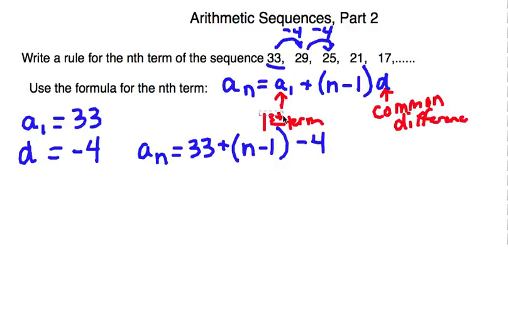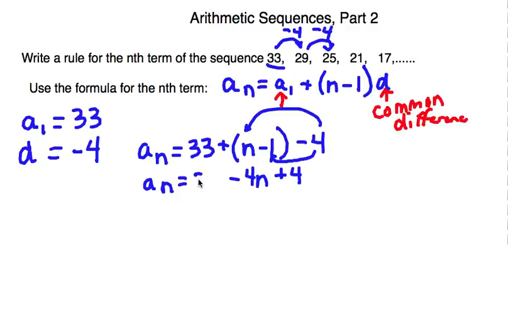So how do we do that? Well, we start by multiplying the negative 4 by n, and that's going to give us negative 4n. Then we're also going to multiply negative 4 by negative 1, and that's going to give us a positive 4. We're just going to rewrite the remainder of the formula.